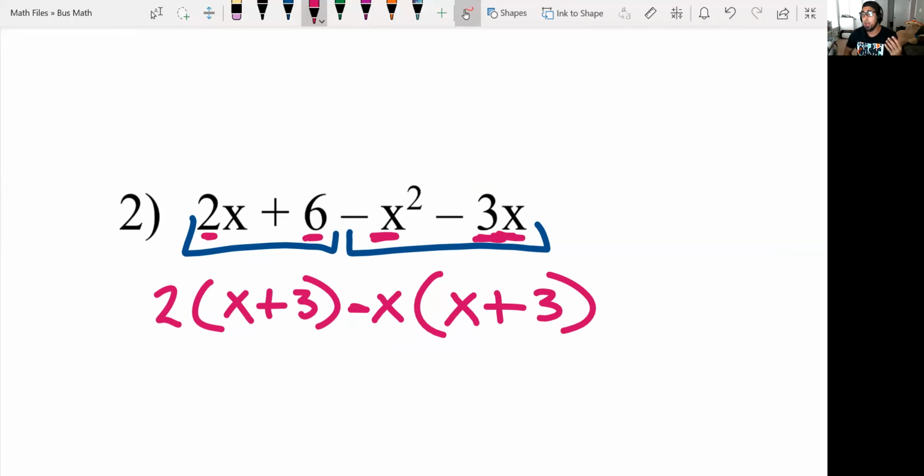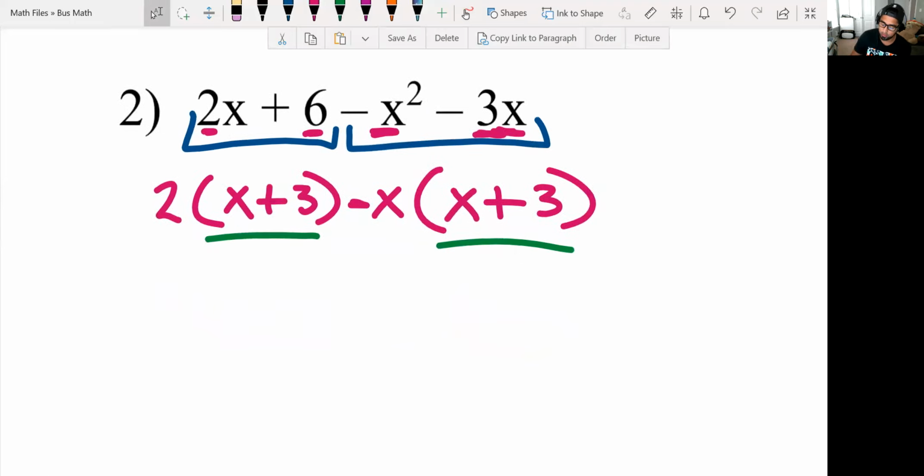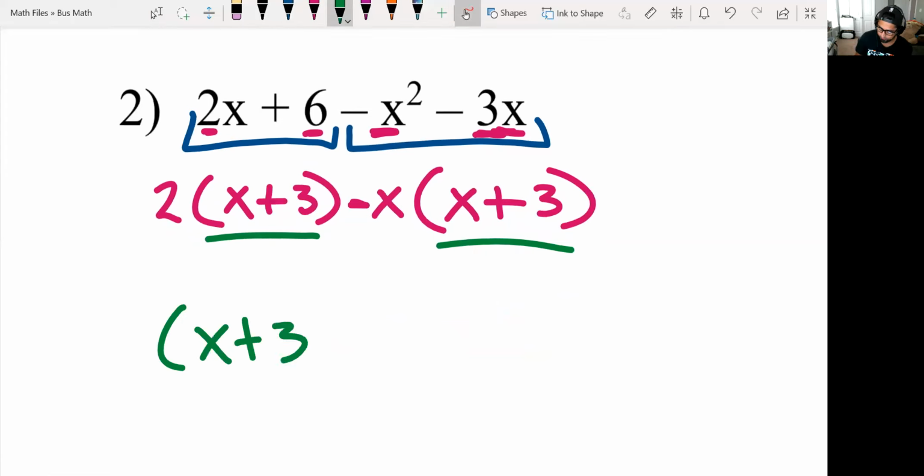Okay. Now, the rest is: do those binomials, do those factors look the same? Is this x plus 3 the same as that x plus 3? And the answer is yes. So we write it as x plus 3.